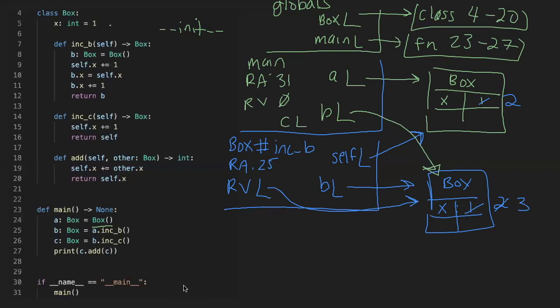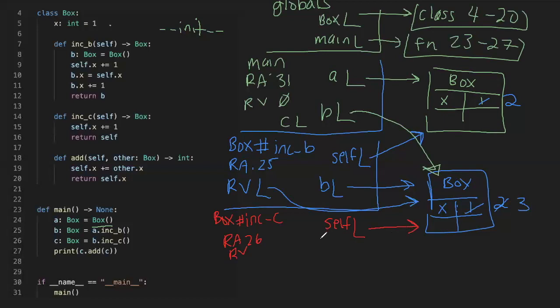So I'll use a different color. So now we're calling Box inc_c. So the RA is 26. RV, we do not know yet. And self is going to be pointing to the instance of the Box class we called it on, which in this case was this b.